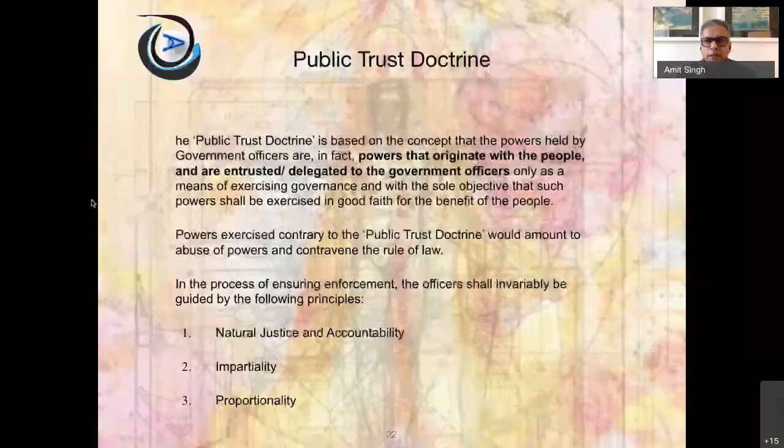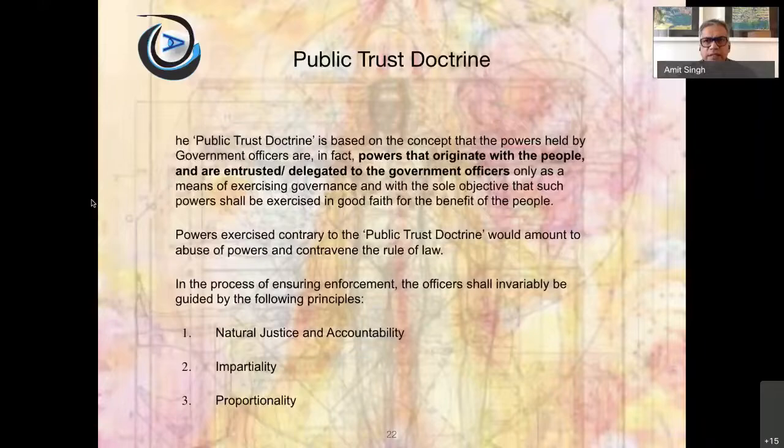So the point of discussing this is that all the stakeholders should know that this is the intention with which the manuals were made, that the powers originate with the people and have been entrusted, delegated with the government and for the benefit of the people. So things like natural justice, accountability, impartiality, proportionality, all these are a part of the manual. So if you're aware of it, then you're better informed.